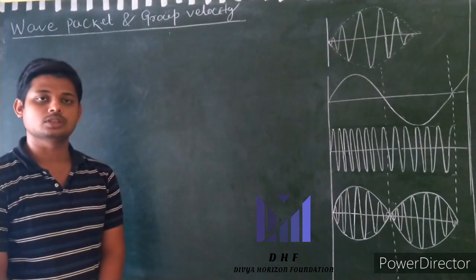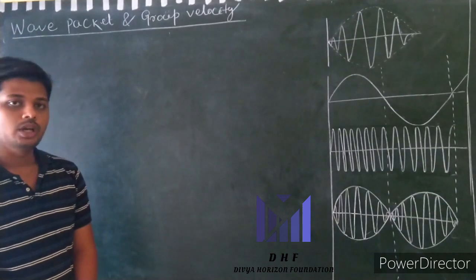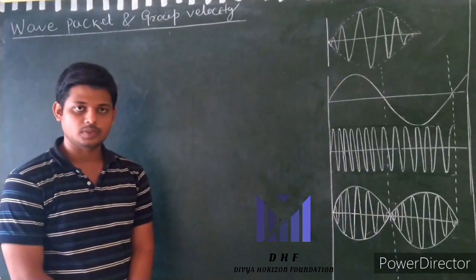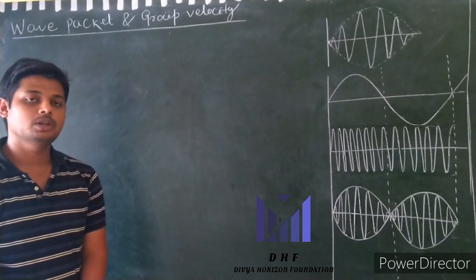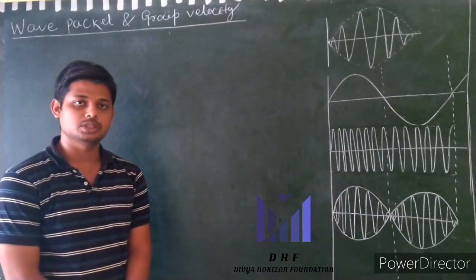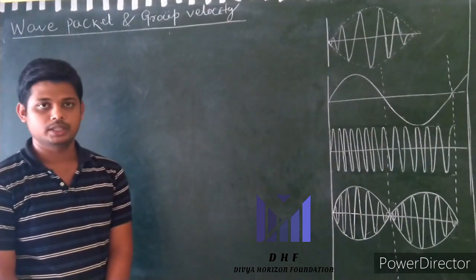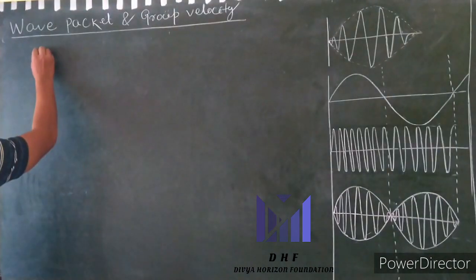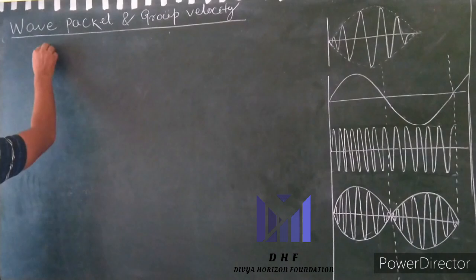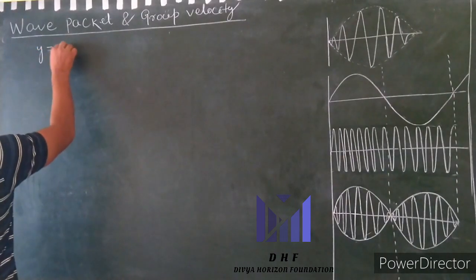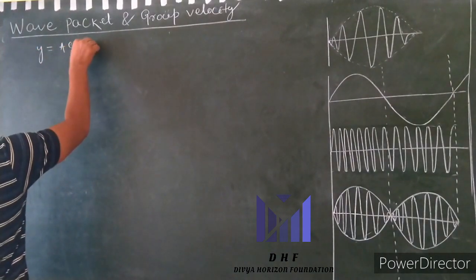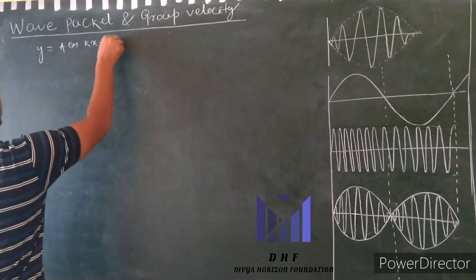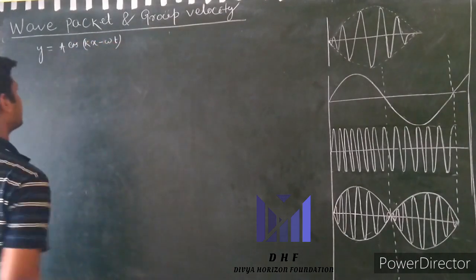In the second lecture of this series, we discussed the particle velocity and phase velocity of a monochromatic traveling wave. The equation of a monochromatic traveling wave is given by y is equal to a cos(kx minus omega t).